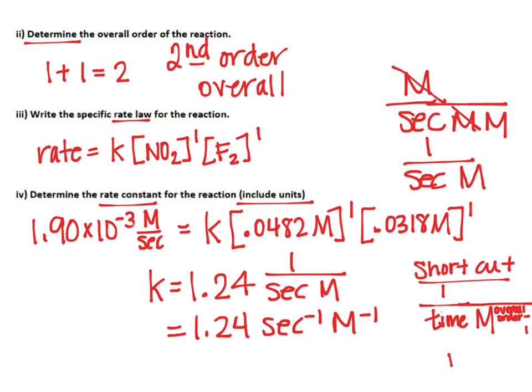So that is time, big M, and then your overall order minus 1. So if our overall order was 2, then our unit is going to be 1 over T, big M, 2 minus 1, which ends up giving us 1 over time, M, and that's it. 2 minus 1 is 1.